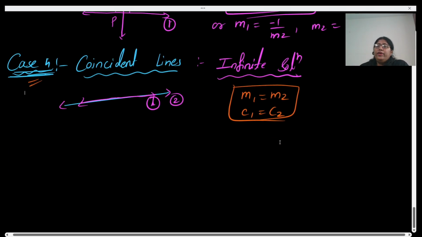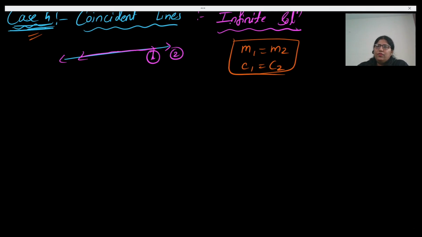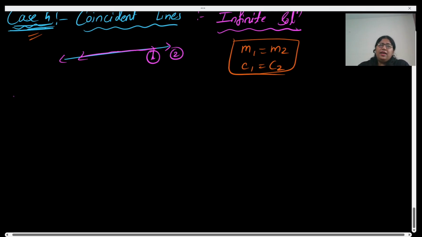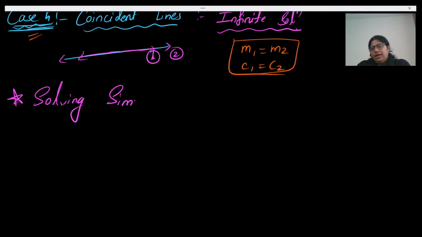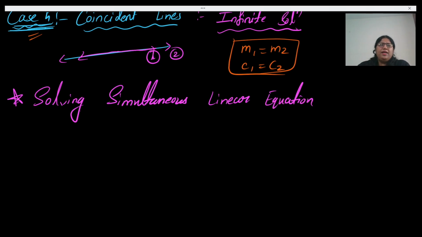So how do we solve now algebraically? We will see how we solve simultaneous equations algebraically, and then graphically also. So take it here: solving simultaneous linear equations algebraically and graphically. Why am I writing linear equations every time?